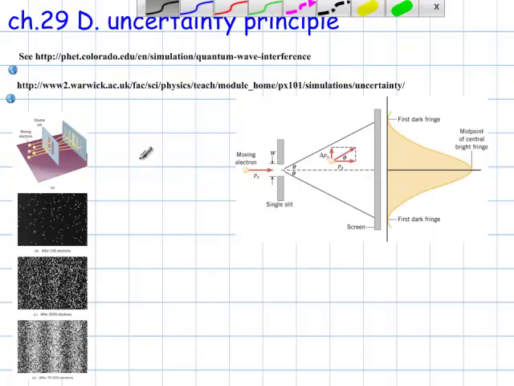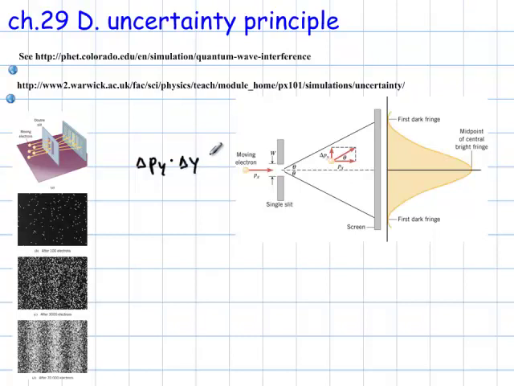So delta Py times delta y is larger or equal to Planck's constant divided by 4 pi, and I got that from the book.